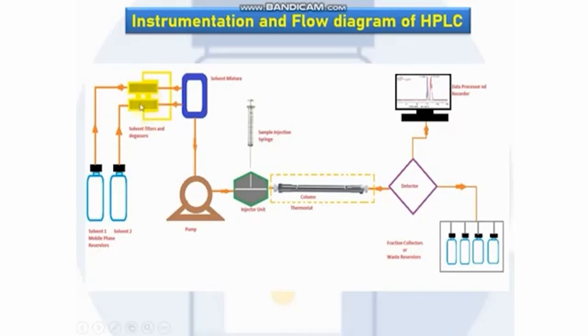This unit is simply used for the purification of the mobile phase. Then the other part, the solvent mixture unit. The required composition of solvents or mobile phase is mixed by using the solvent mixture unit.